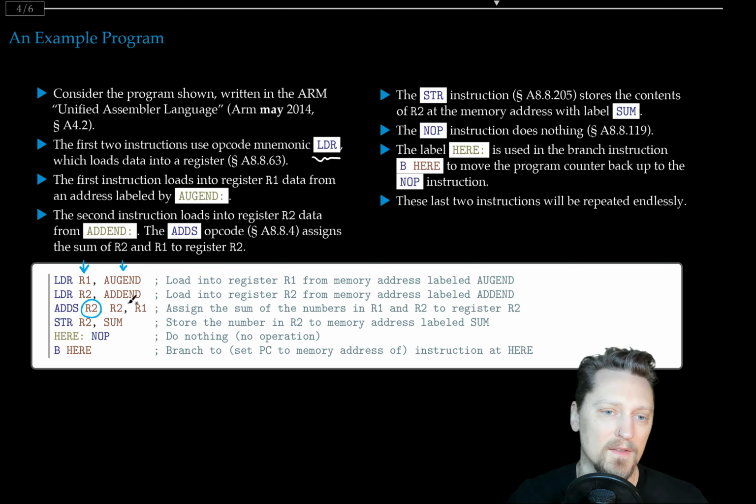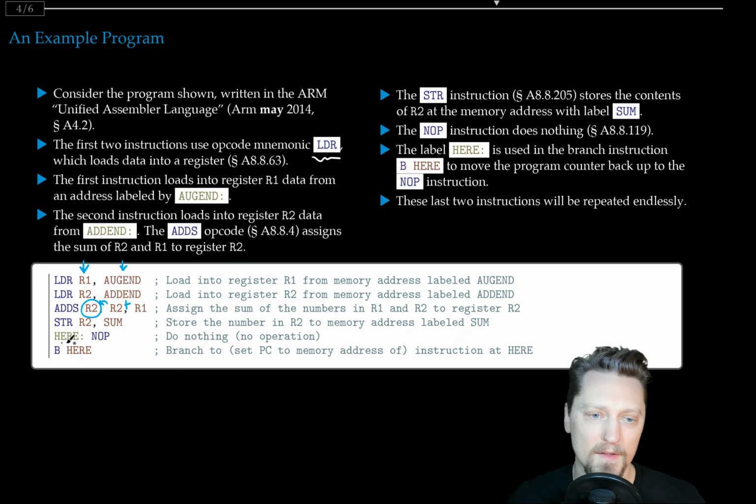So it adds these two and sticks it in where R2 is, overwriting what was in R2. Okay, STR. This instruction stores the contents of register R2 in the memory with address sum. So that is the store instruction.